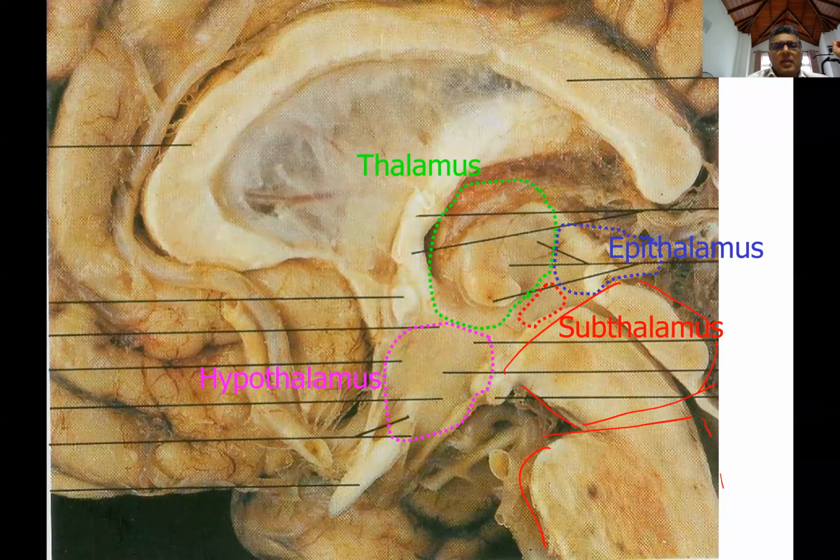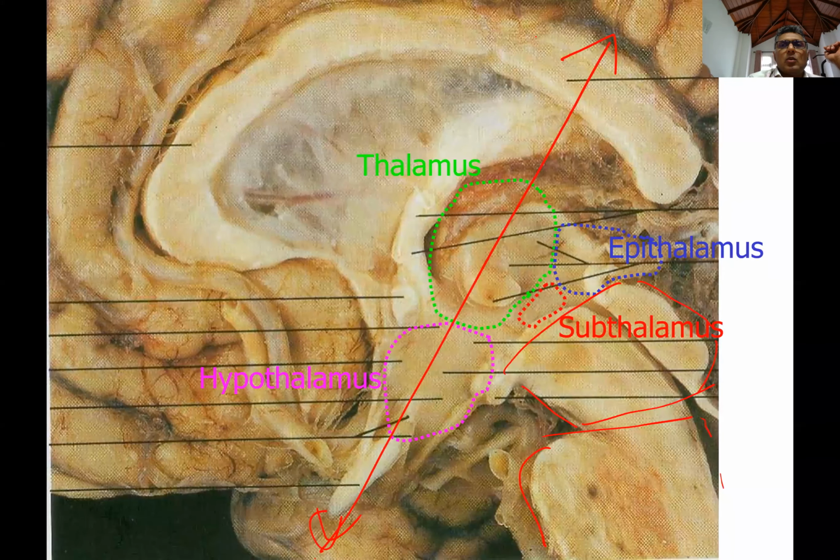If you take a coronal section through the pituitary gland, somewhere here, if you cut through the thalamus and hypothalamus like this, this is what you see.